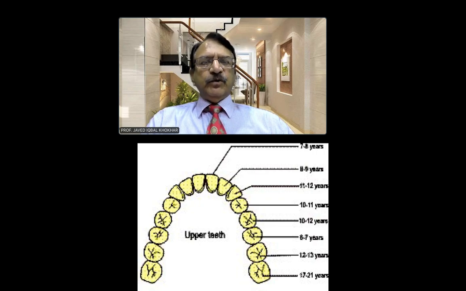Then 7 to 8 years central incisor, and 8 to 9 years lateral incisors, then canines by 11 to 12, 10 to 11, then first premolar, second premolar, 10 to 12, and then 12 to 13, second molar, and 17 to 21, up till 25, that is third molar or the wisdom tooth.